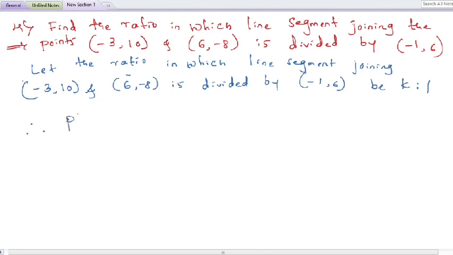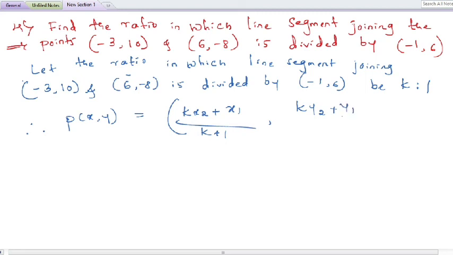I will write the formula. P of x comma y is equal to k x2 plus x1 divided by k plus 1, it is the formula. Then k y2 plus y1 divided by k plus 1.